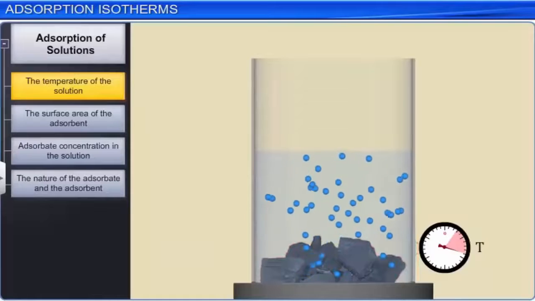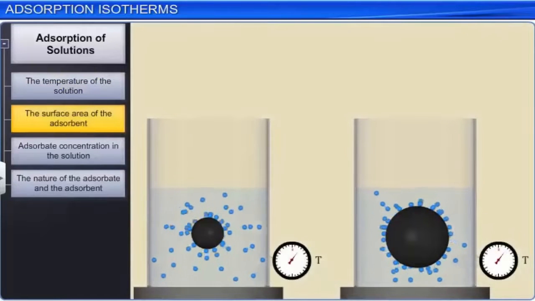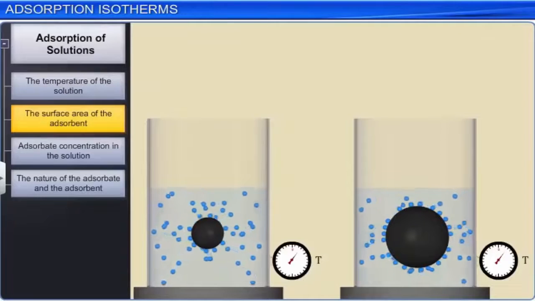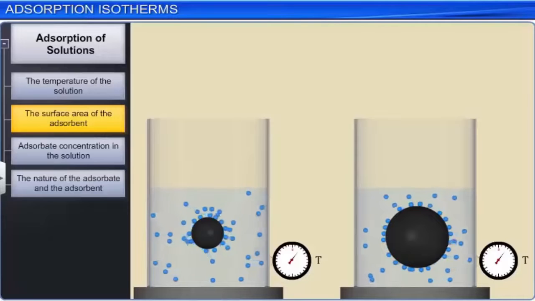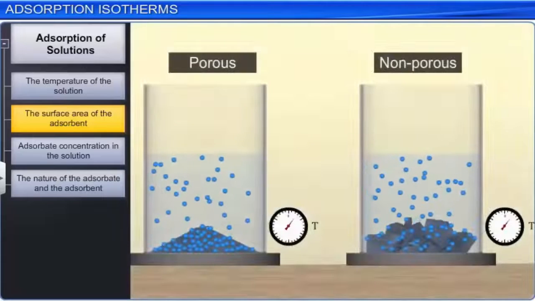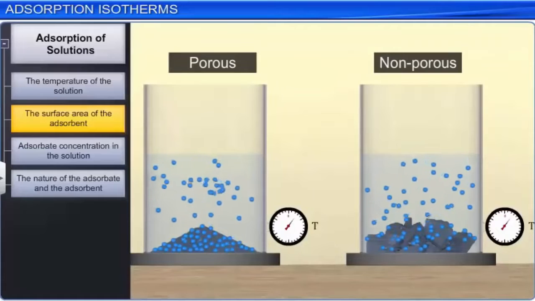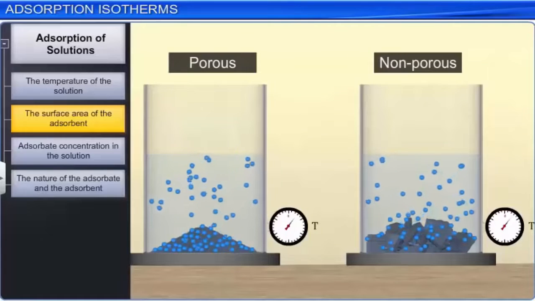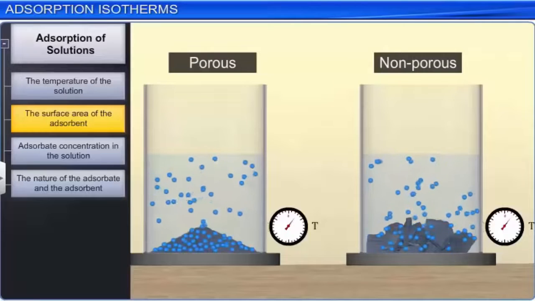Secondly, the extent of adsorption increases with an increase in the surface area of the adsorbent. Charcoal, because of its highly porous nature, provides a large surface area, and hence is the most preferred adsorbent in industry and pharmacy.